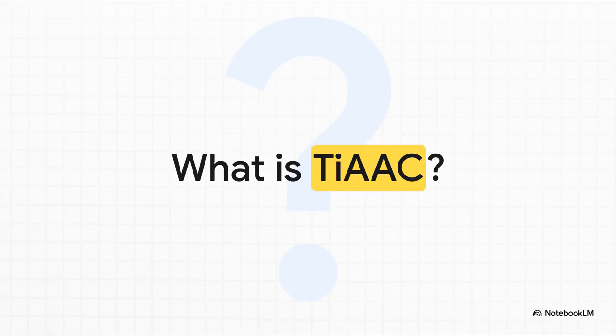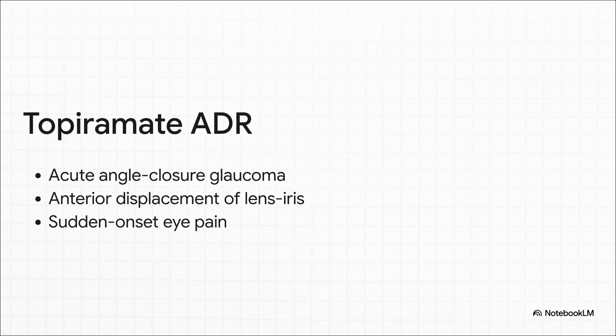If a patient comes into your clinic with sudden, excruciating eye pain and a massive pressure spike, but they have absolutely no prior history of eye disease, what systemic medication might they have recently started? Specifically, what is TAIC? Well, TAIC stands for topiramate-induced acute angle closure. Topiramate is a very common systemic medication used for migraines and as an anticonvulsant.